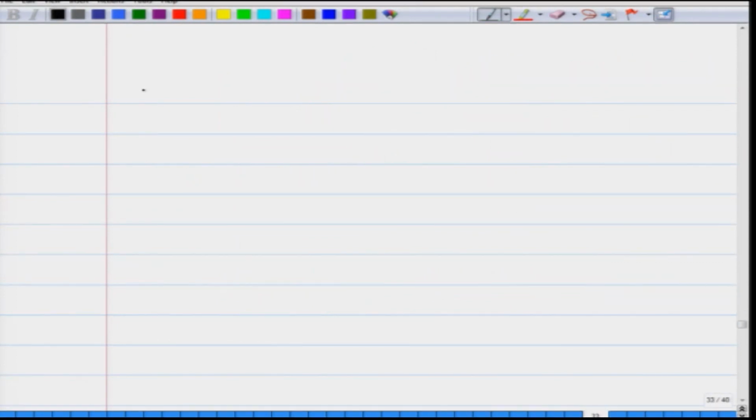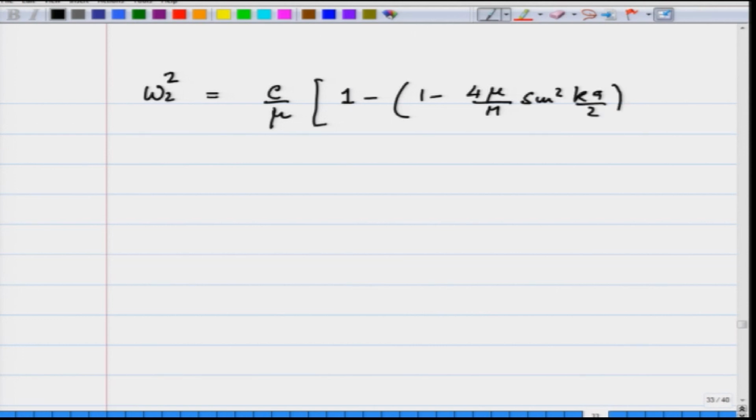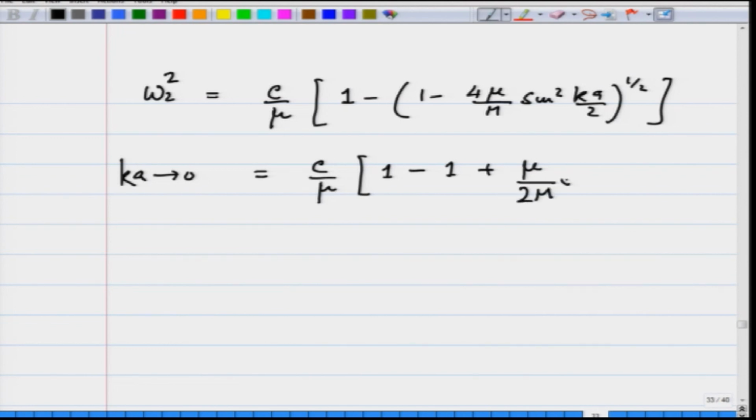When I look at omega 2 square, it is equal to c over mu times 1 minus (1 minus 4 mu over m sine square Ka by 2) raised to 1/2, and this for Ka going to 0 goes to c over mu times (1 minus 1 plus mu over 2 m k square a square).